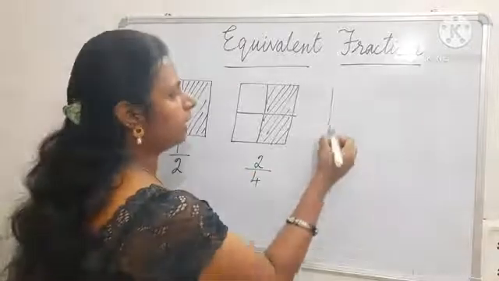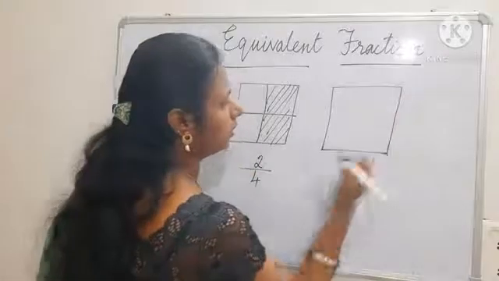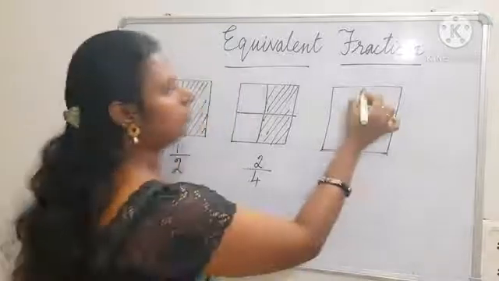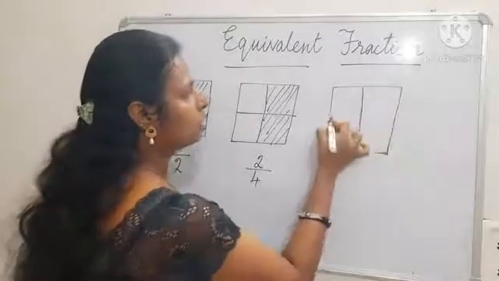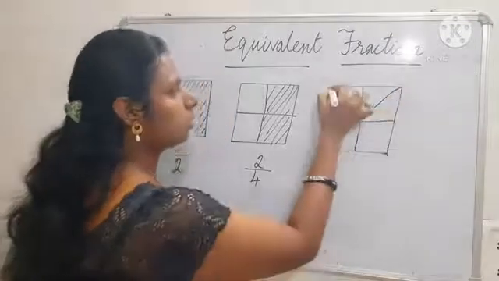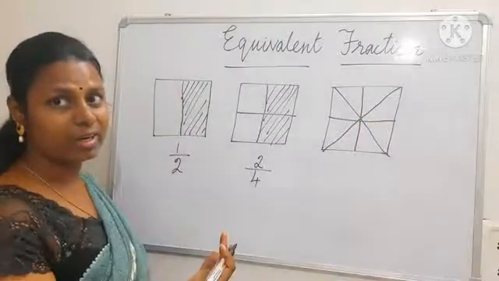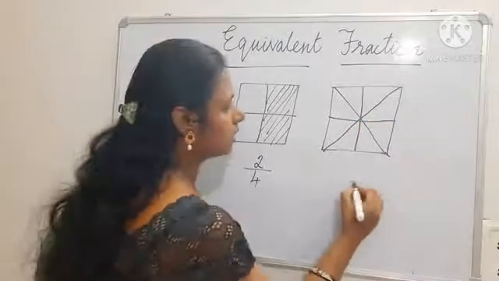Now let me take the same square again. Now I am going to divide it into 8 equal parts. I have divided it into 8 equal parts.